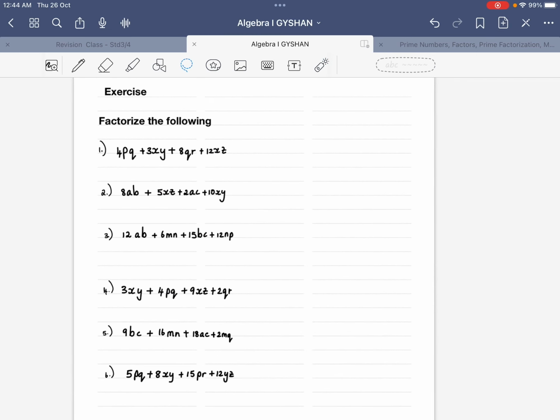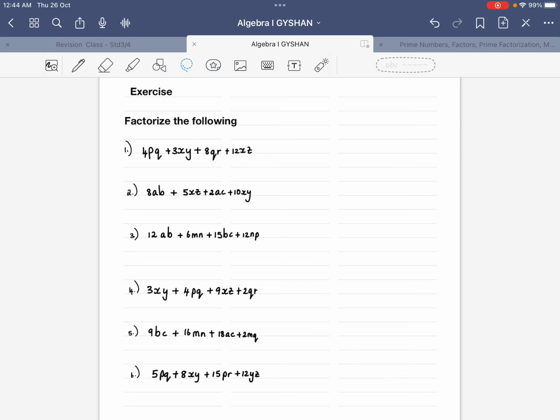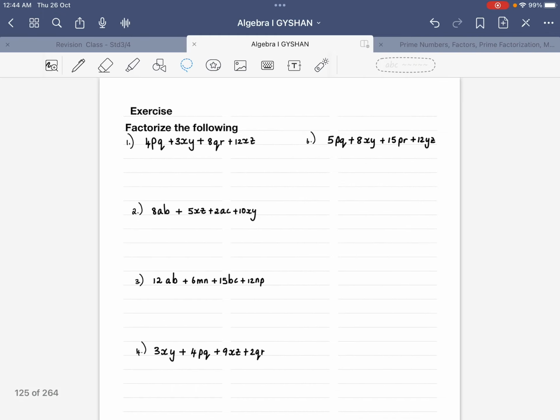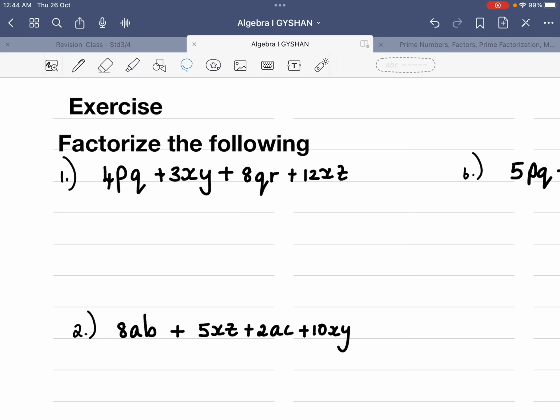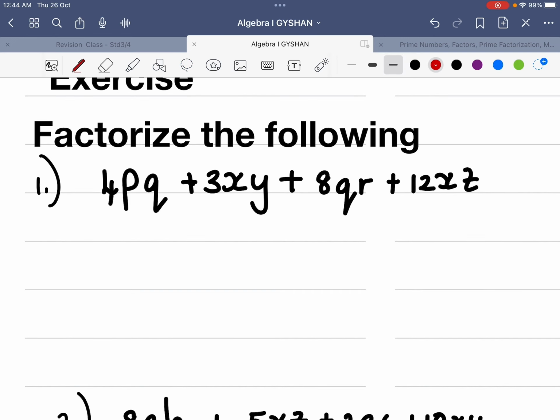So let's try this exercise, factorization by grouping. Factorize the following. When you all are finished, you can unpause the video and we will go through the answers together. Alright, let's correct. So for number 1, we can see this term has multiples of 4 and a factor of q.